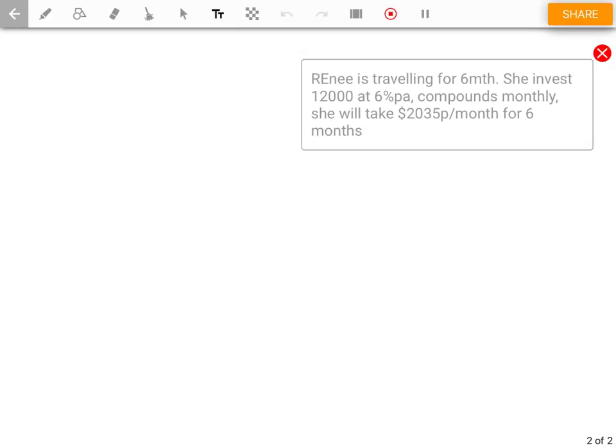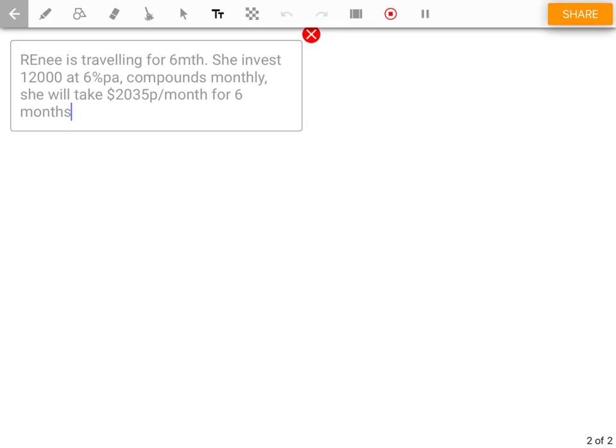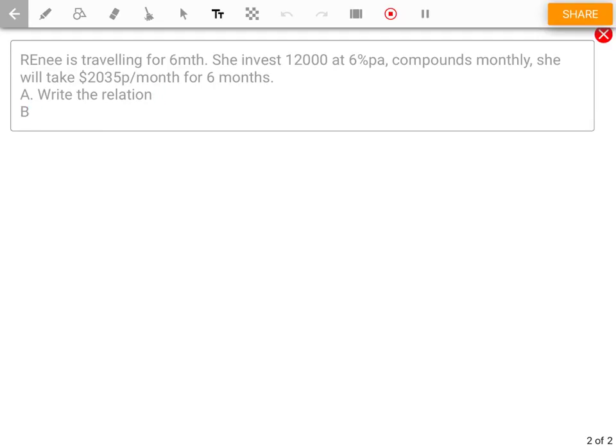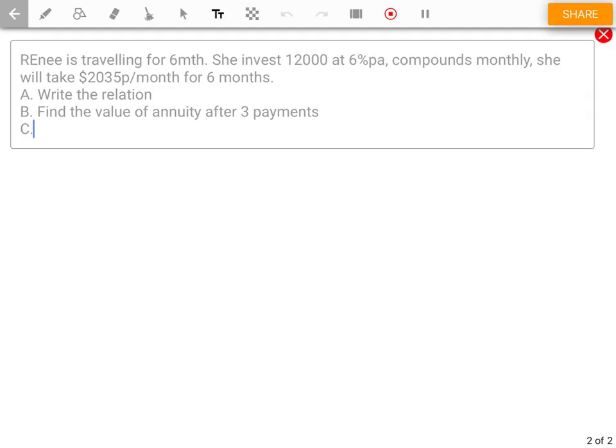Based off that, we want to: A, write the recurrence relation; B, find the value of the annuity after 3 payments; C, find out if the annuity is fully paid after 6 months.